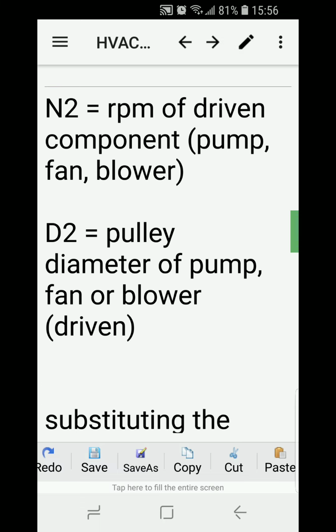And N2 is the RPM of the driven component. So this component could be a pump, fan, or blower. And D2 is the pulley diameter of the pump, fan, or blower, or the driven component.